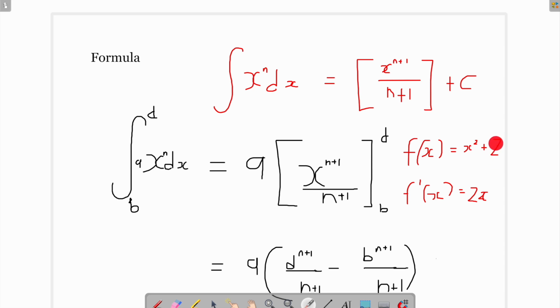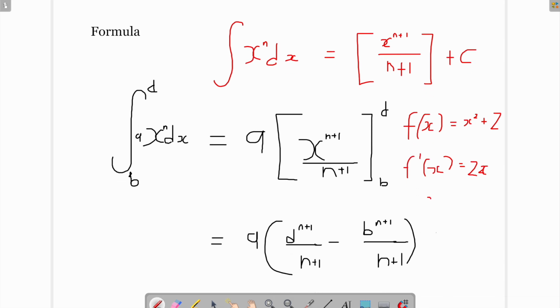The 2 here goes to 0, because it has no parameter associated. So if we see the integral as f dash of x, and when you integrate it, it provides the function f of x, right?